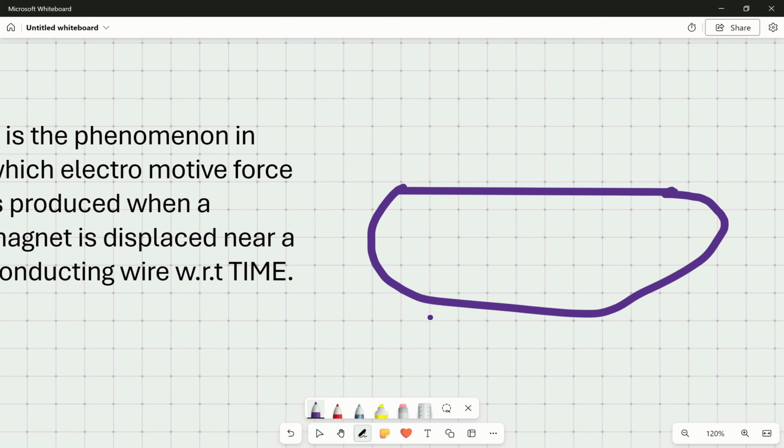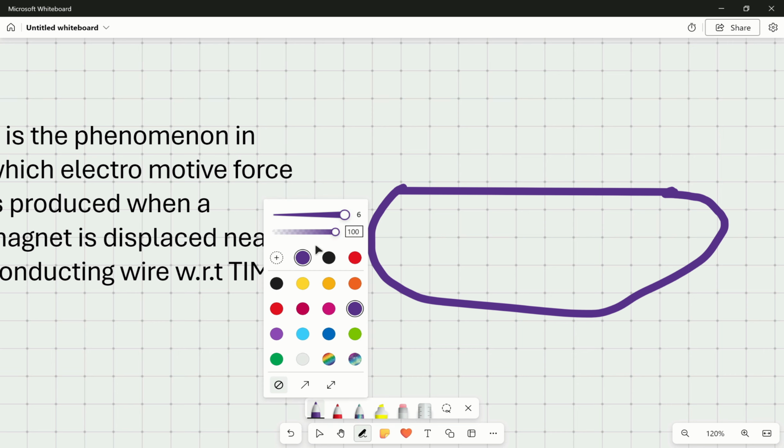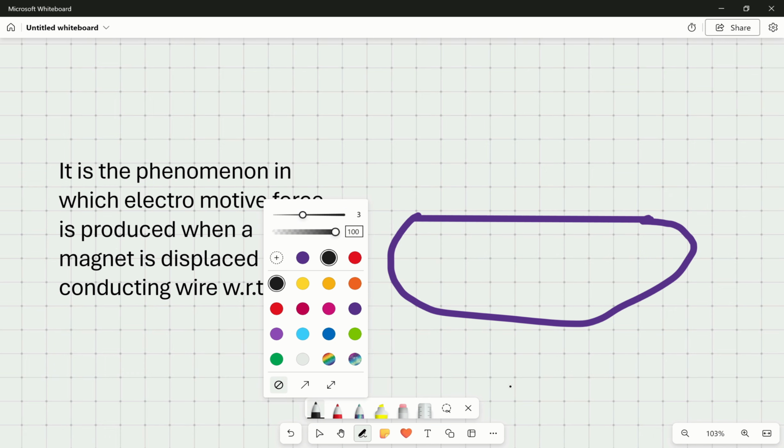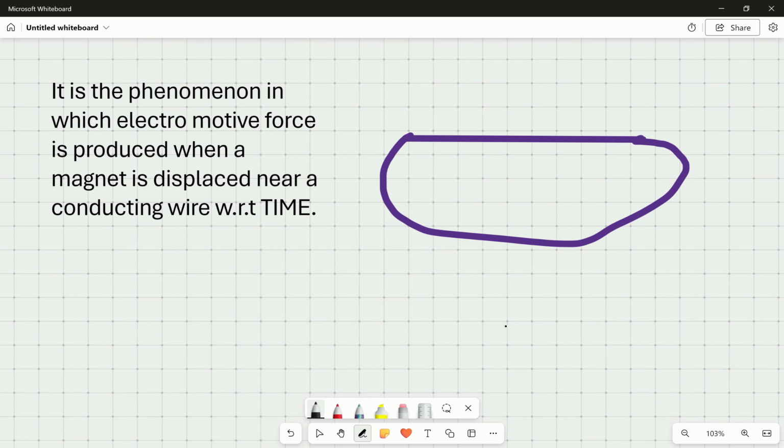So imagine there's a circular wire in a loop where no current is flowing. In this, imagine a magnet going in and out, meaning it is displaced from one position to another and then comes back, so it is moving.